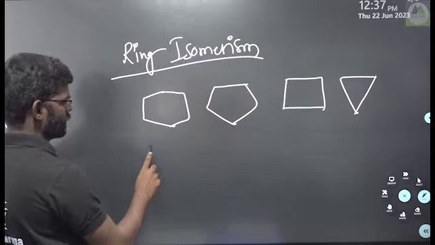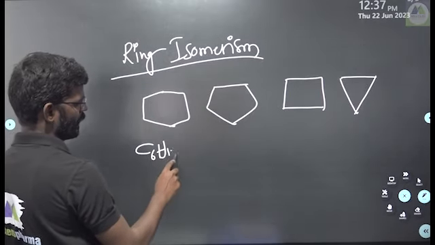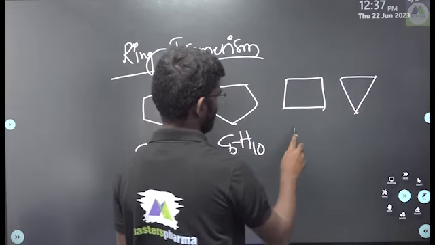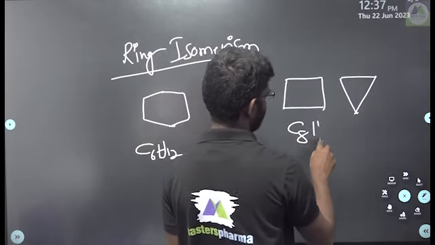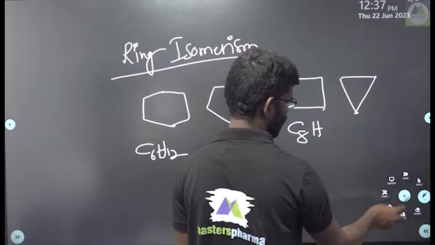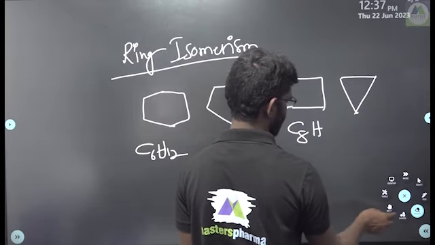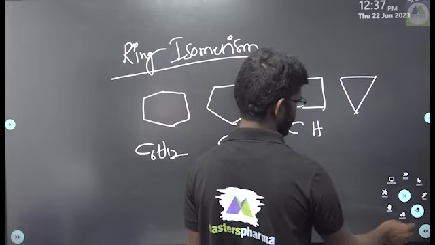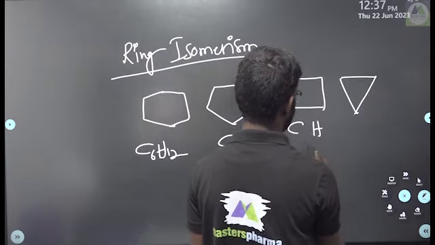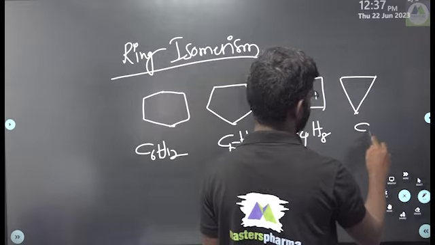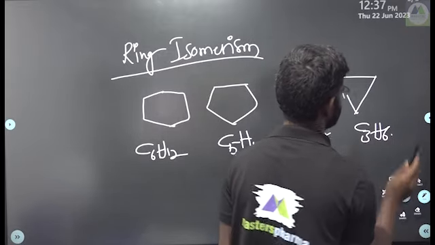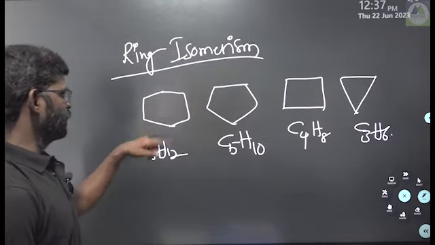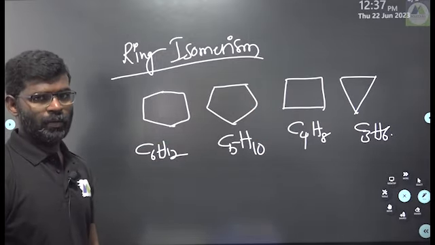We know C6H12 here, here C5H10, C4H8, C3H6. So these are the structures and molecular formulas, right?